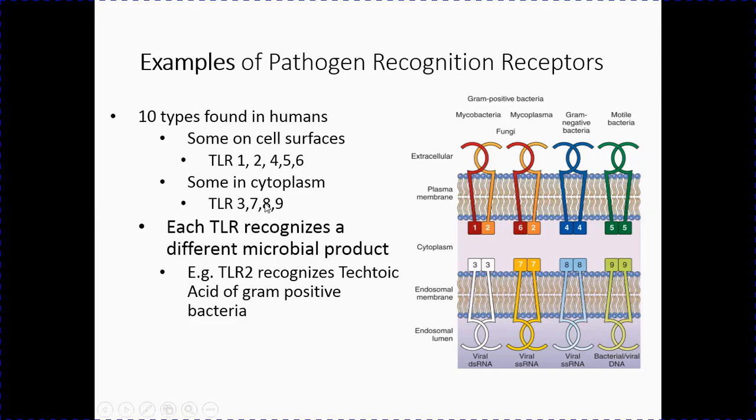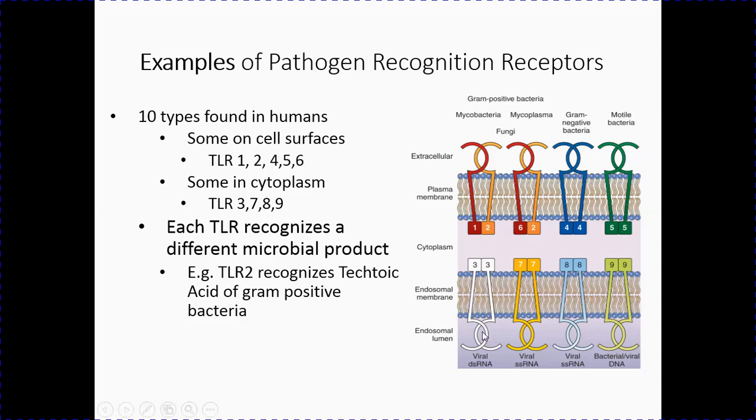Similarly, we may need some that are inside the cytoplasm. Toll receptor 3 is inside the endosomal membrane, the endosomal compartment of the phagocytic cell, the monocytes, the dendritic cells, the neutrophils. They don't live inside.